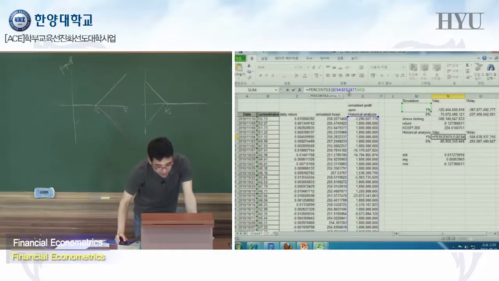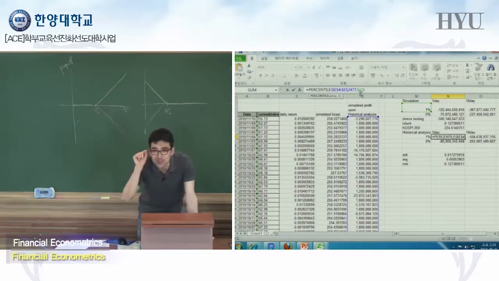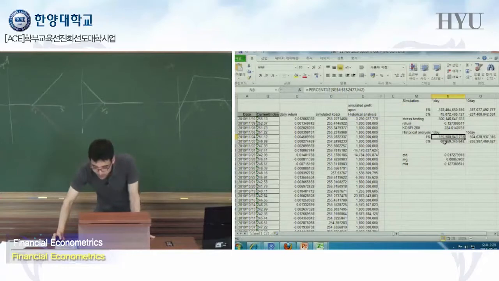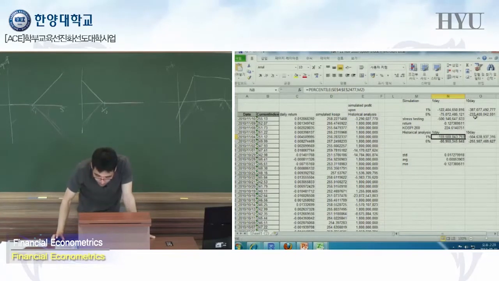So in this range, I want to find the value at exactly 1%. How much is that? Billion, okay? 159 billion, 580 million, 843,793.